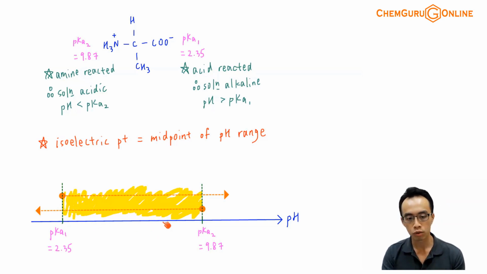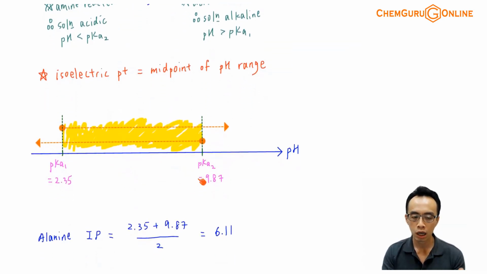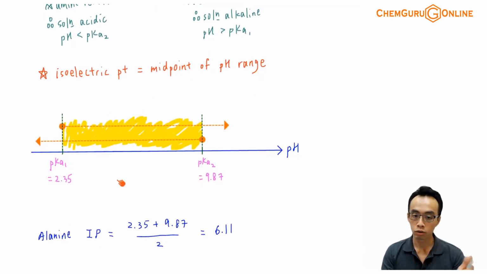So where is my isoelectric point? Very simple, it is the midpoint of this pH range. So basically what we do is add up the two values and divide by 2. The isoelectric point for my alanine is (2.35 + 9.87) divided by 2, which is 6.11. So at pH 6.11, 100% of your alanine will exist as a Zwitterion.